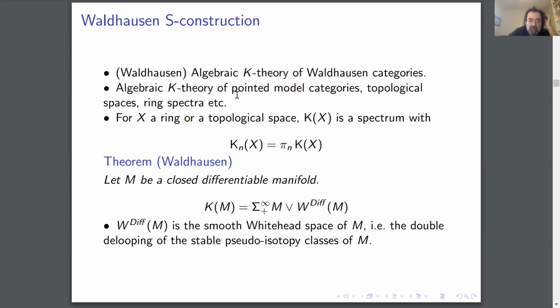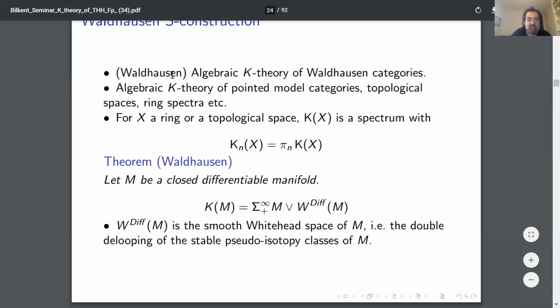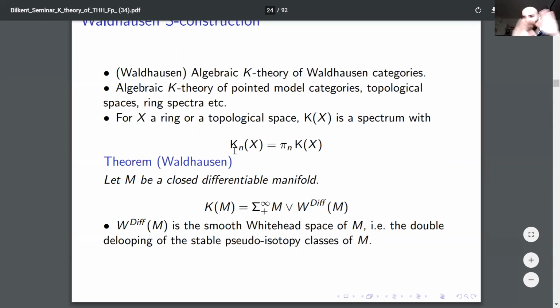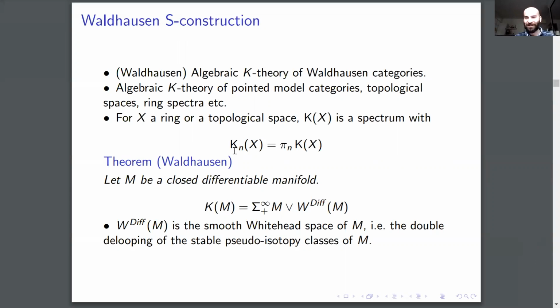But that is for differentiable manifolds, the one that you gave us. What is the Waldhausen construction? No, this is just a theorem. I actually didn't tell you how the Waldhausen S construction works. It's a whole complicated thing.